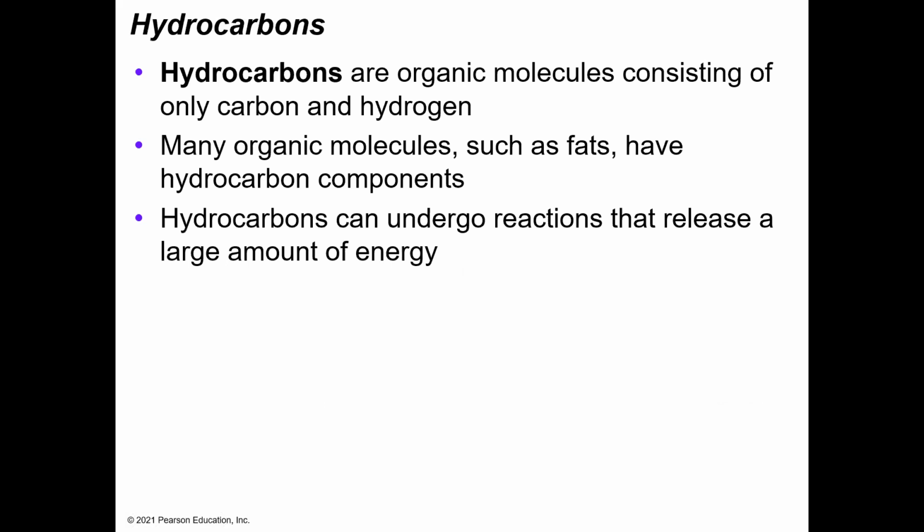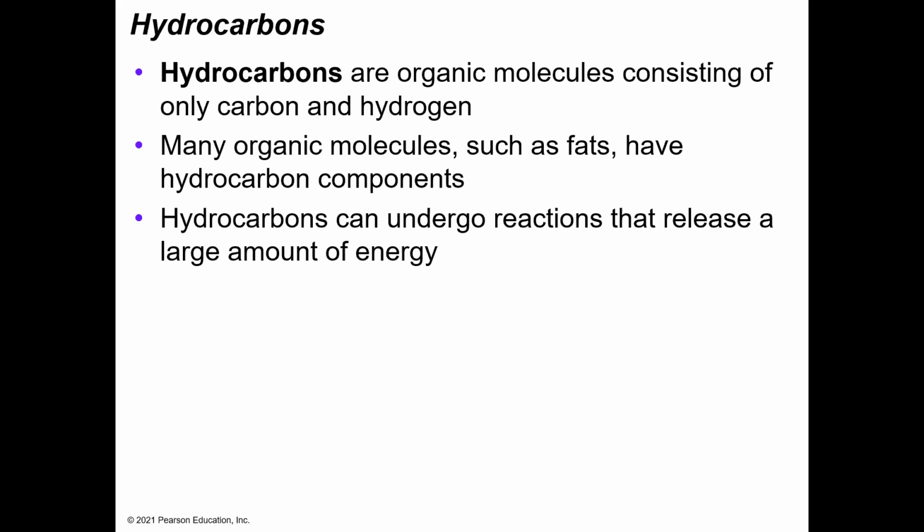Because of these long chains of carbon and the ability for them to bond to hydrogen, hydrocarbons exist. So many organic molecules, such as fats, have hydrocarbon compounds, and hydrocarbons can undergo reactions that release a large amount of energy. It's important that you realize that energy is stored in the bonds.